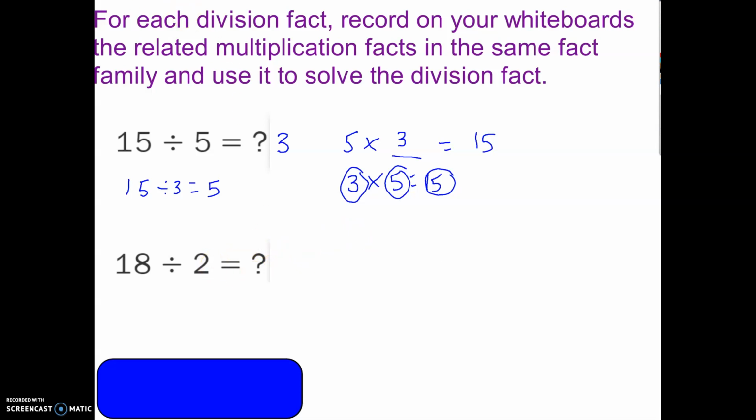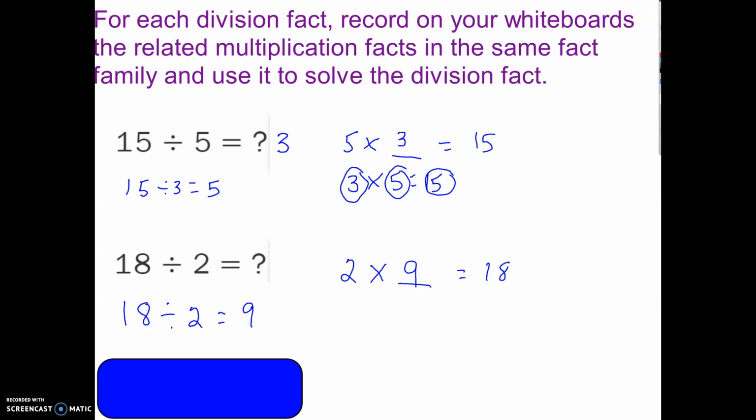All right, so a related multiplication problem would be 2, get the pen on, Mrs. Fleury, 2 times what number equals 18? Well, 2 times 9 equals 18, so that means 18 divided by 2 must equal 9.